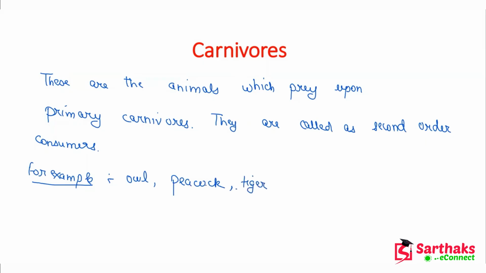Tiger just depends on the deer and other animals for its food. Lion, etc. So these are some second order consumers.